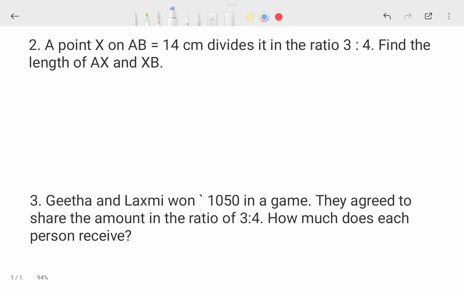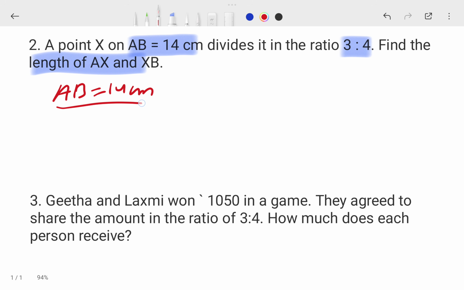In the second question, it says that a point X on AB, where AB is 14 centimeters, divides it in the ratio 3:4. Find the length of AX. So here there is AB, which is 14 centimeters.